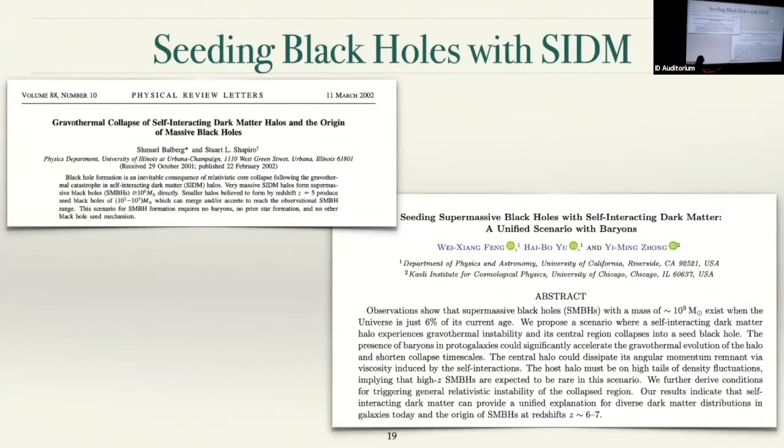These are those really big ones that we have a hard time growing from other seeding mechanisms and just Eddington accretion. Yes, sorry, Eddington accretion. And so this is an interesting avenue that people are exploring, although it's pretty complicated to get this to work.